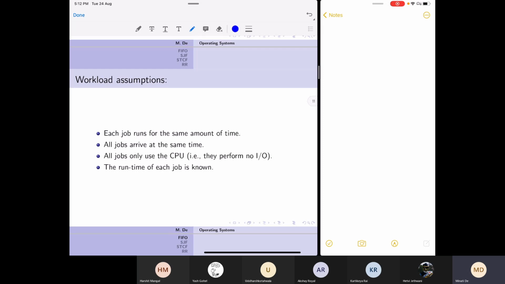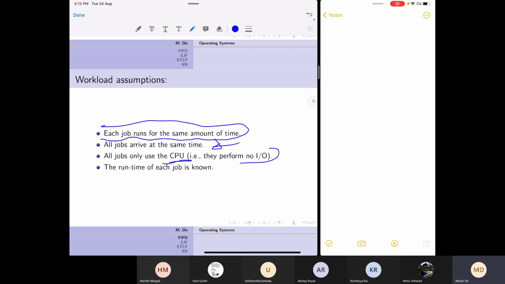The first assumption is that each job runs for the same amount of time. It's a very basic and unrealistic assumption, I understand, but let's assume this. Again, we are assuming that each job arrives at the same time, and they are only CPU-oriented jobs.